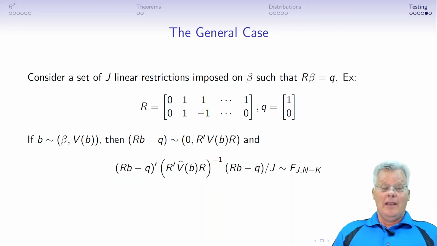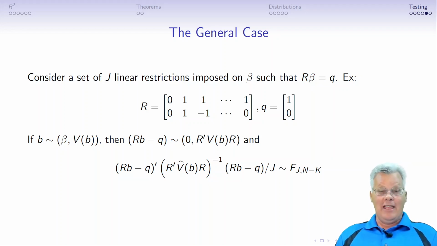Okay, so now applying the theorems from earlier in this lecture, if B is distributed with mean beta and variance V(B), then the linear transformation of B, which is RB minus q, must have a mean of 0, and the variance would be given by this quadratic around the variance of B. So it'll be R times variance of B times R prime.